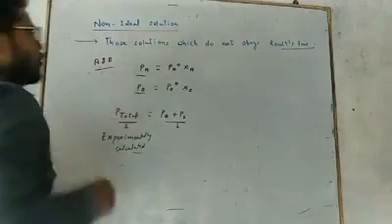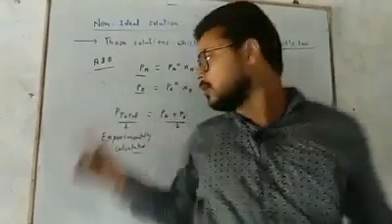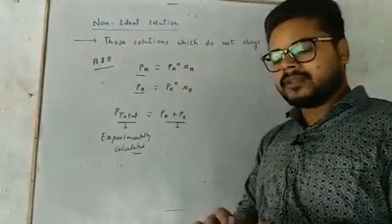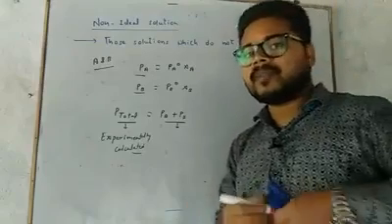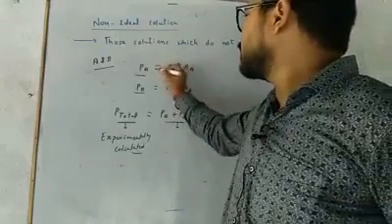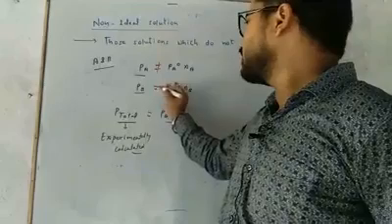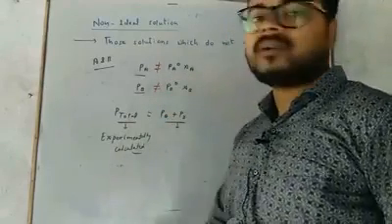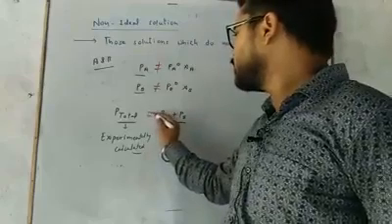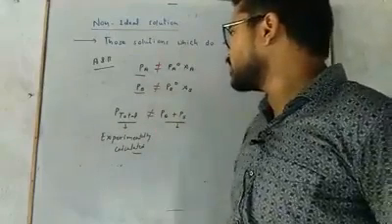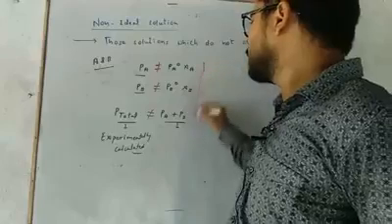If it is not obeying Raoult's law, and we know Raoult's law means these three equations, then we simply say PA is not equal to PA0 XA, PB is not equal to PB0 XB, and P total is not equal to PA plus PB. Getting this?